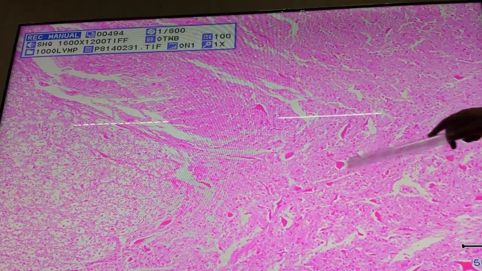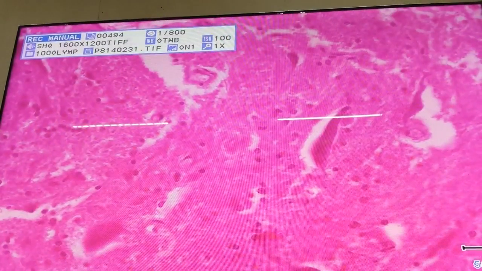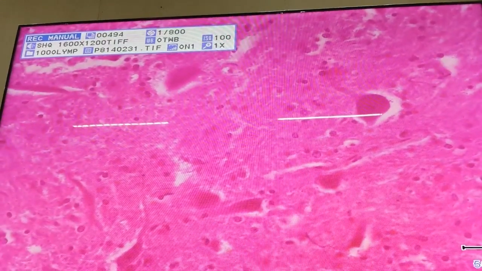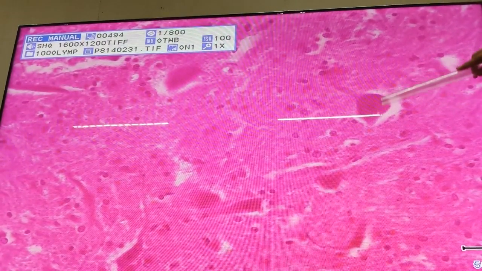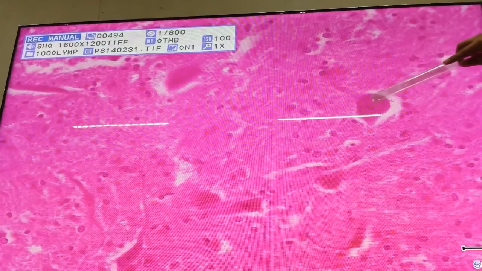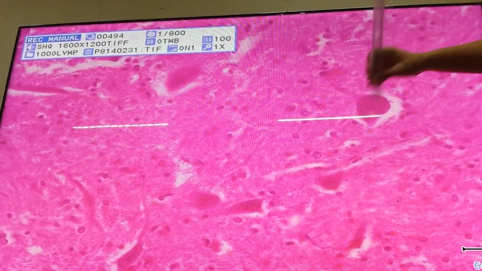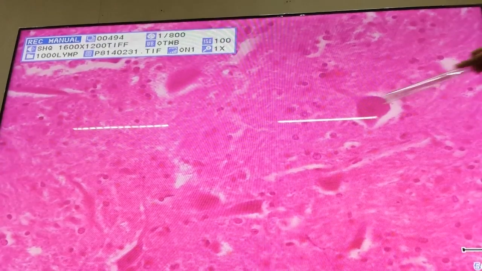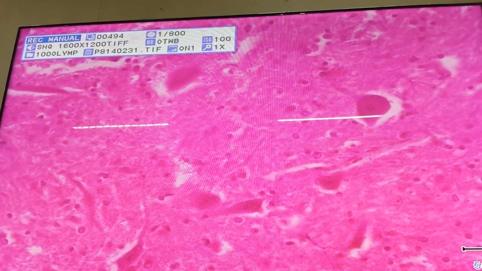The large cells. It's better seen in the microscope, okay? Especially its nucleus. This one, you have the big cell body. I think this one is the nucleus, and then you have the nucleolus, the one in the middle. Okay?